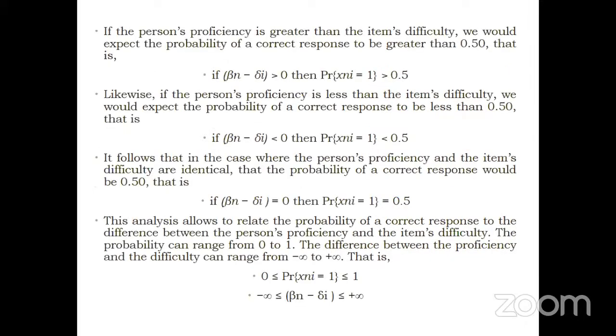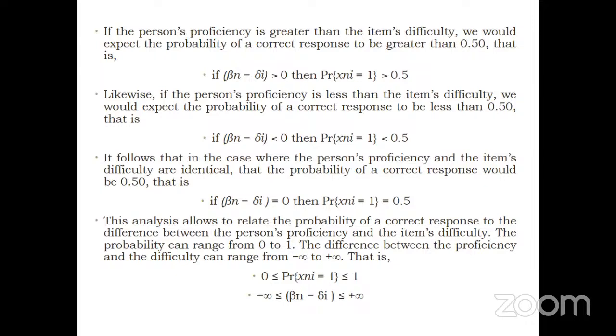So now just quickly, I'll tell you how, from all these things that we discussed, we actually derive the equation that we have for Rasch's model. If the person's proficiency is greater than the item's difficulty, we would expect the probability of a correct response to be greater than 0.5.